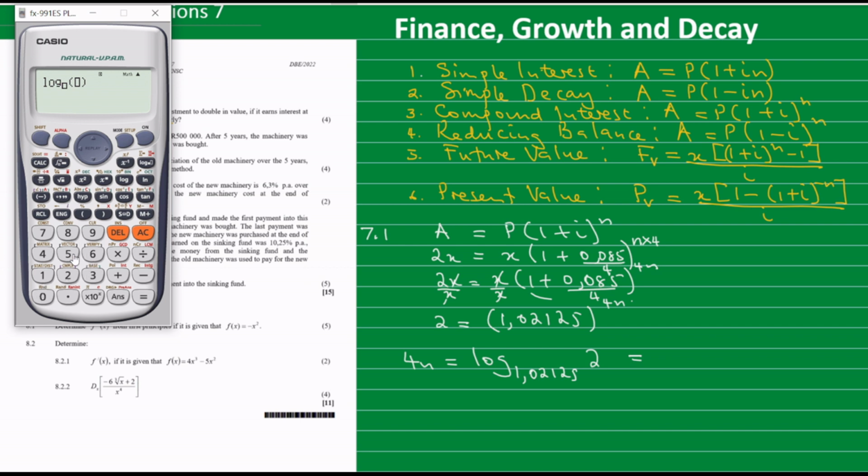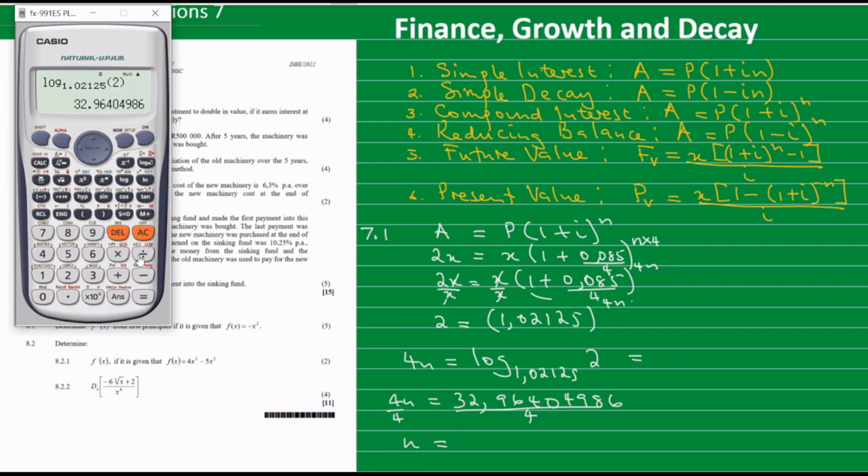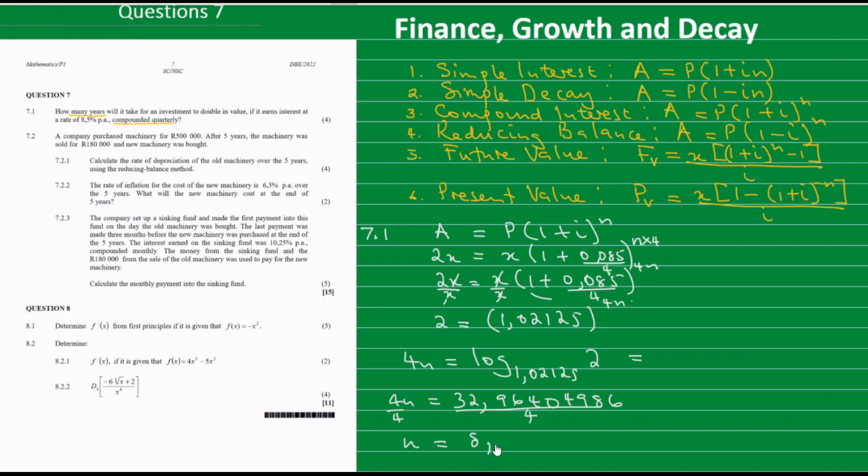Log of the number 2 with base 1.02125 is giving me 32.96404986. Then we divide that by 4, and we get 8.24. So n is equal to 8.24.